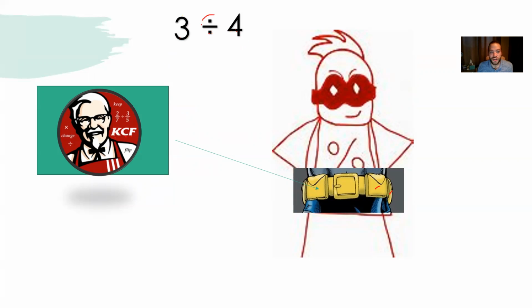You are going to change the division sign, and you are going to flip whatever the second number or the divisor is. You'd be like, Mr. Stahl, okay, so that's going to turn the 4 into an H? That doesn't make any sense. No, that's not what I mean by flip. I mean, if this were a fraction, which we could turn 4 into a fraction, you'd flip it. So instead of 4/1, it would be 1/4.